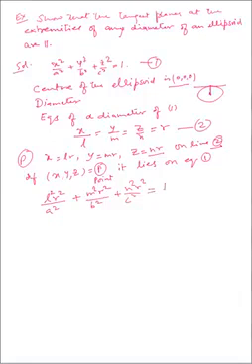So from here what we get? R value. R is equal to plus minus 1 upon square root of L square upon A square plus M square upon B square plus N square upon C square.